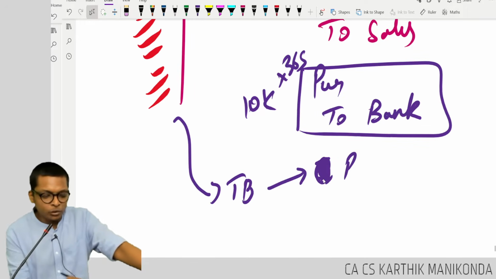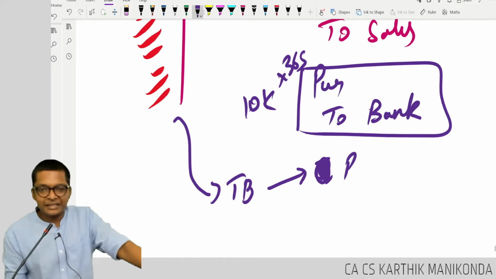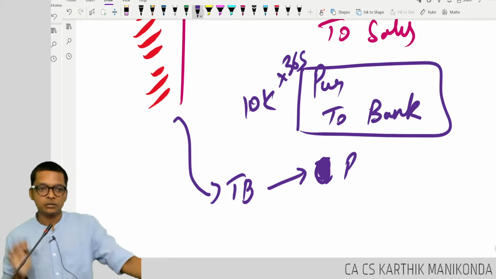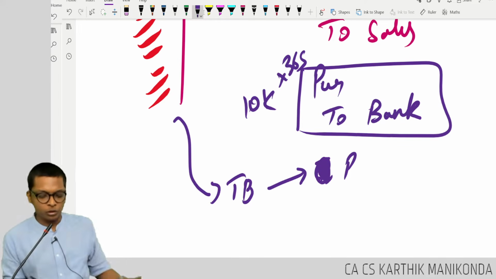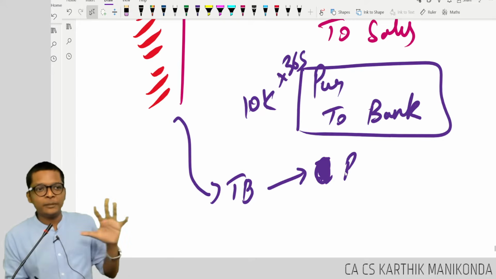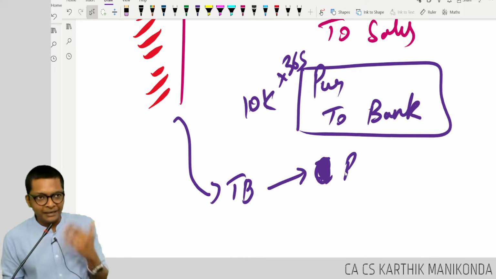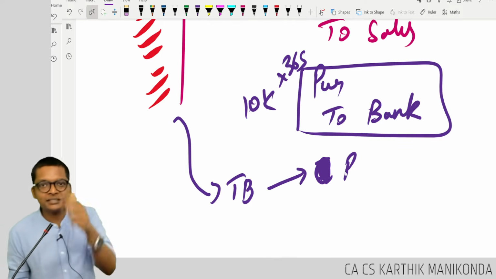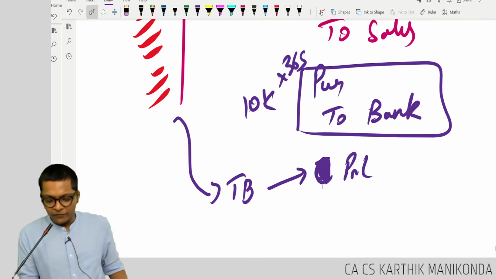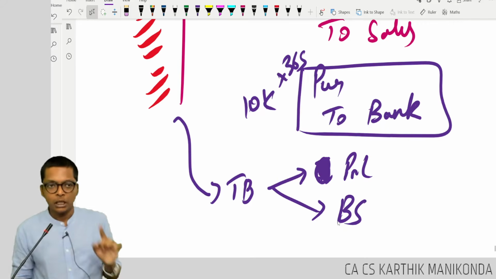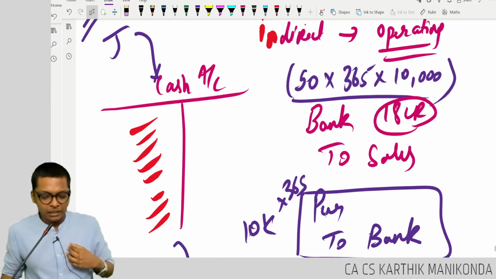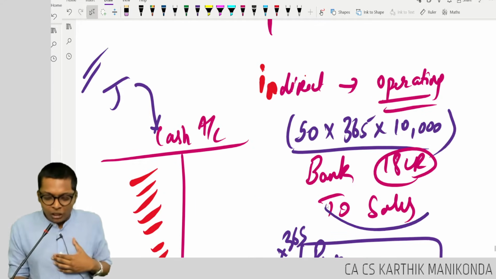In internal, we don't have a concept called trading, only a profit and loss account. In Schedule 3, we have only one P&L account. Trading account is there for maybe a sole proprietor, non-company firms, partnership. Partnership can have trading and P&L. For a company, we have only the profit and loss account.